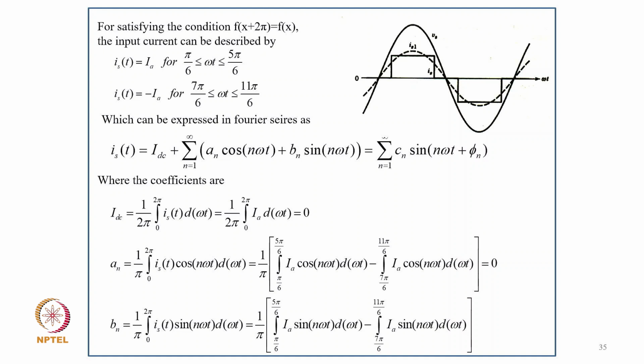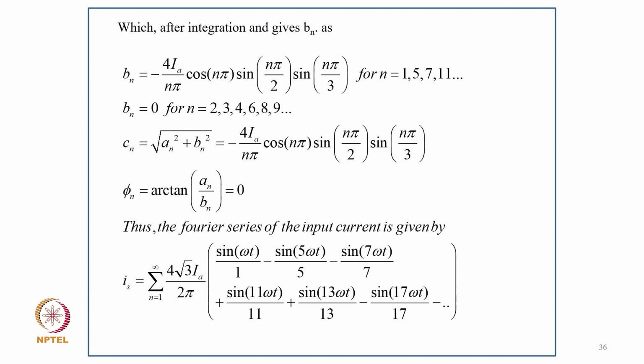Solving it, this also comes as 0, and Bn = (1/π) ∫ from 0 to π of Is sin nωt dωt, and solving it comes equal to −4Ia/(nπ) cos(nπ/6) sin(nπ/2) sin(nπ/3) for n = 1, 5, 7, 11. Cn equals the square root of An² + Bn², equal to −4Ia/(nπ) cos(nπ/6) sin(nπ/2) sin(nπ/3), where φn = An/Bn, that is equal to 0.